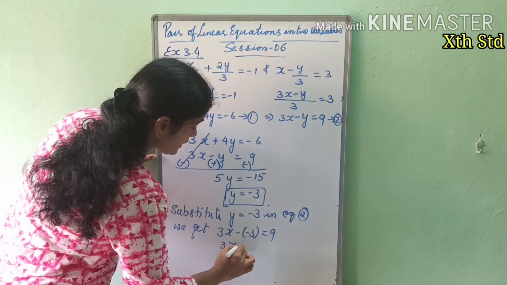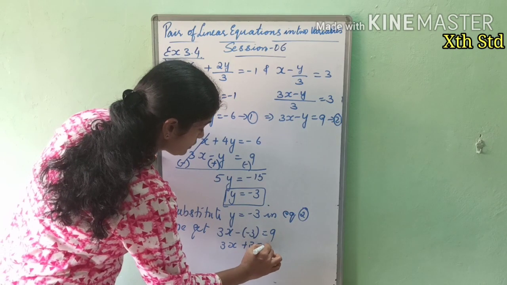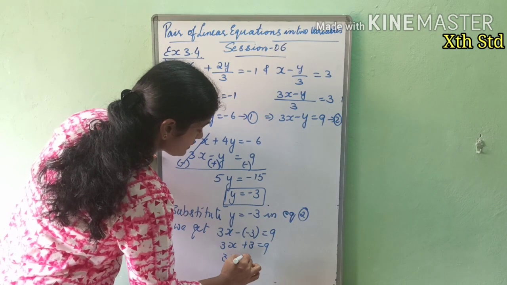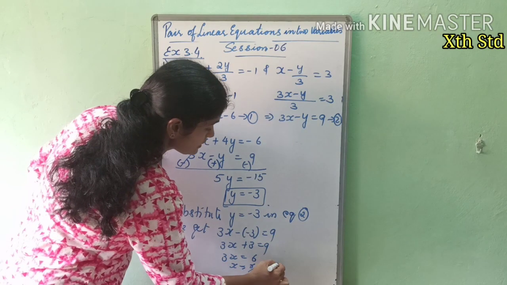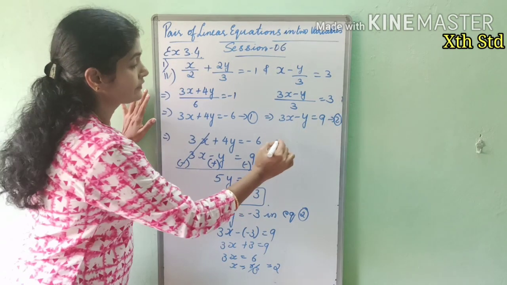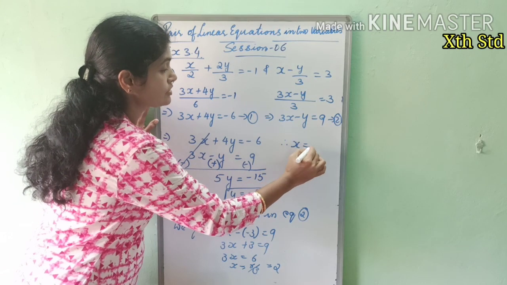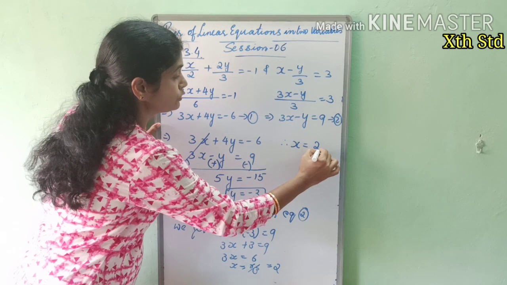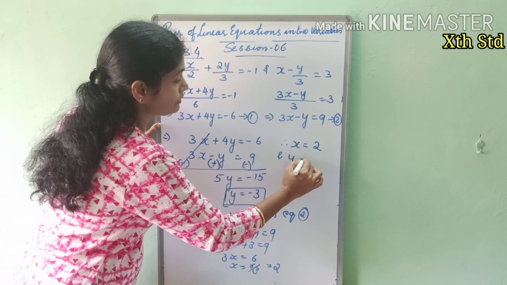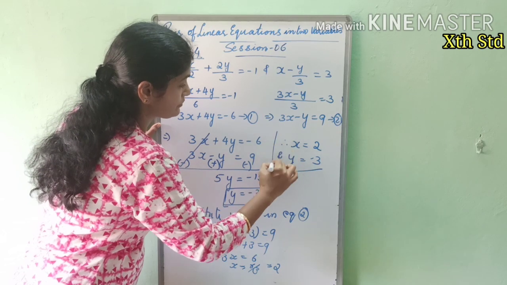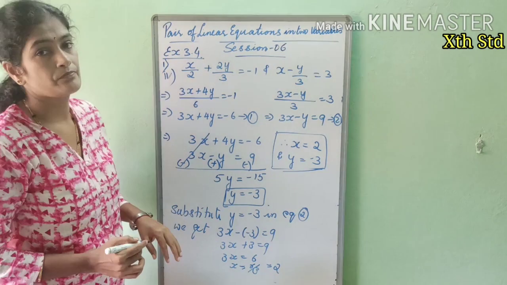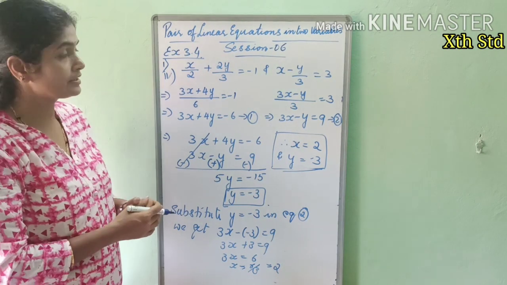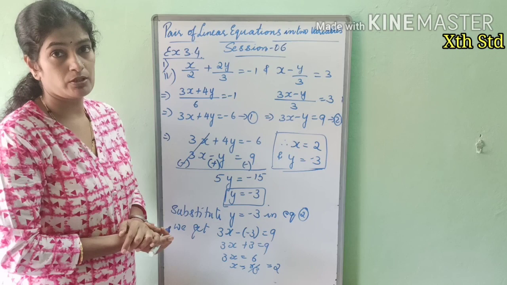That is 3x plus 3 equal to 9. 3x is equal to 6. X equal to 6 by 3, that is 2. Fine. Therefore, x is equal to 2 and y equal to minus 3 are the solutions for this equation. Right? So by this we will complete the first main questions.